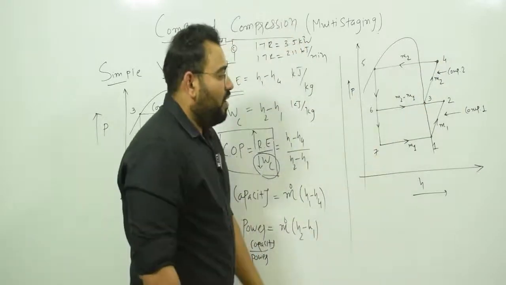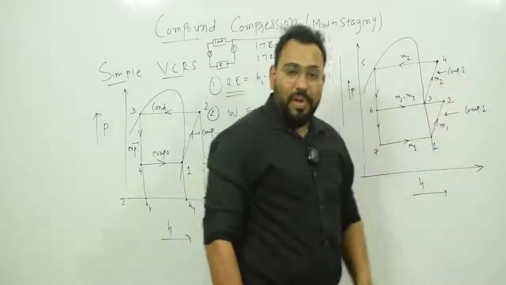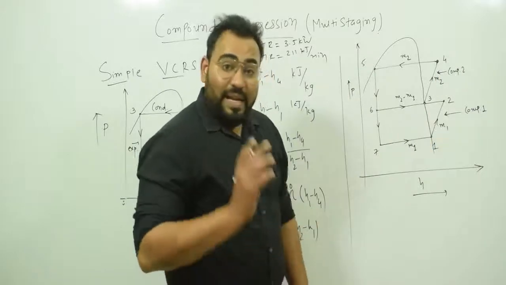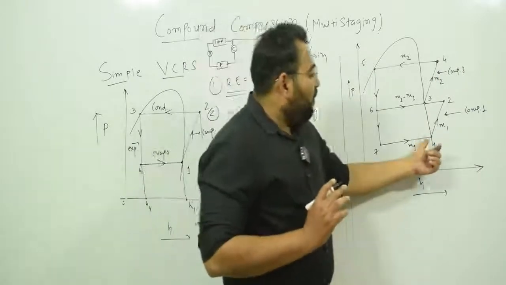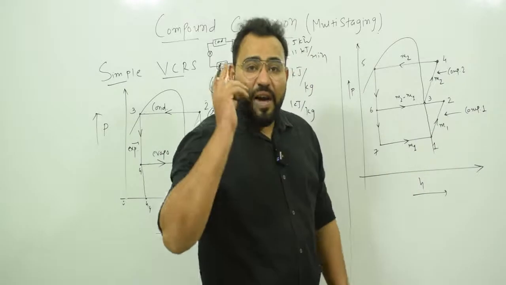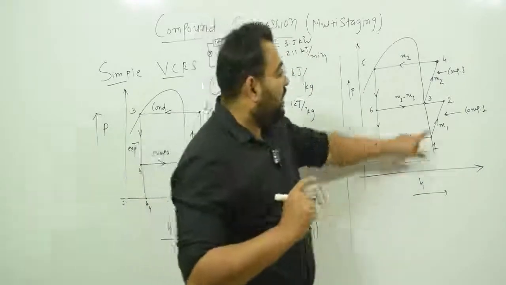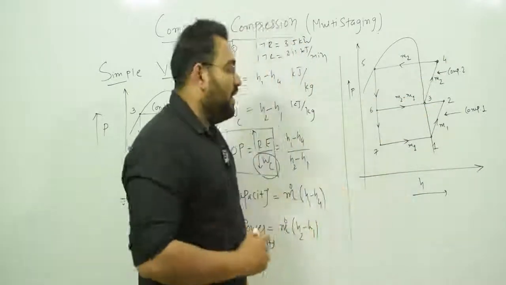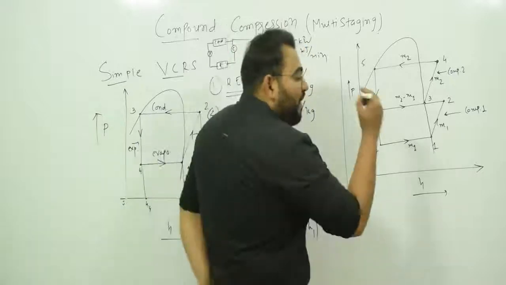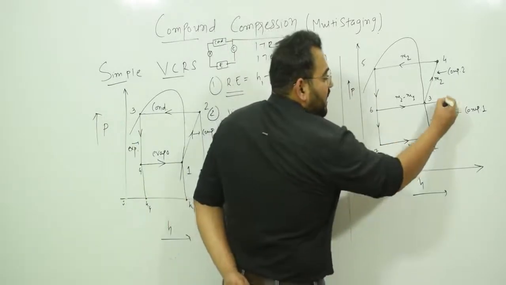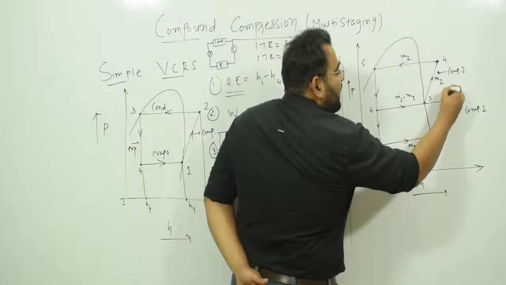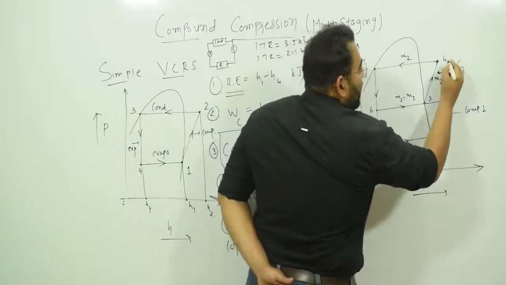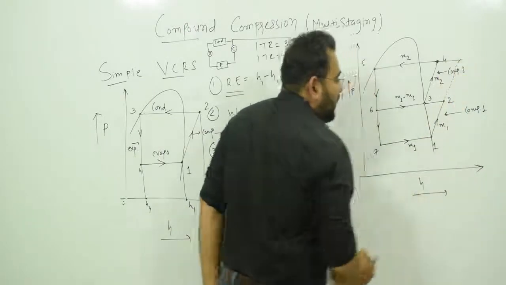Now here there are two compressors. But let's say I have used only one compressor to reach over here, then what will happen? You can see the diagram will be something like this, and then it will come over here like this.